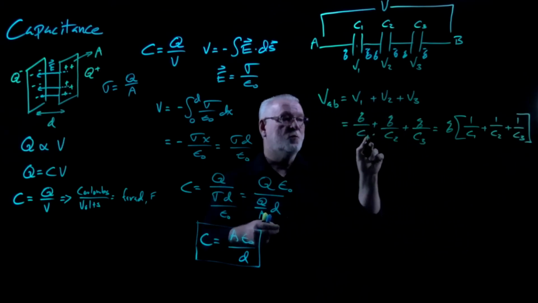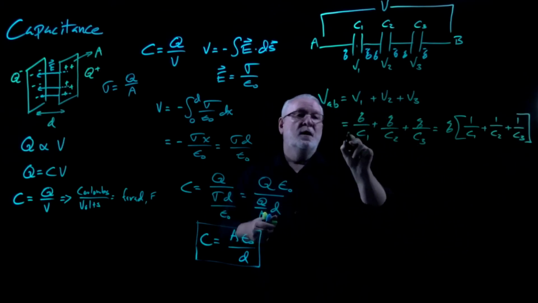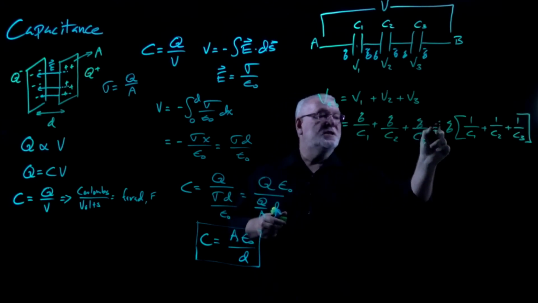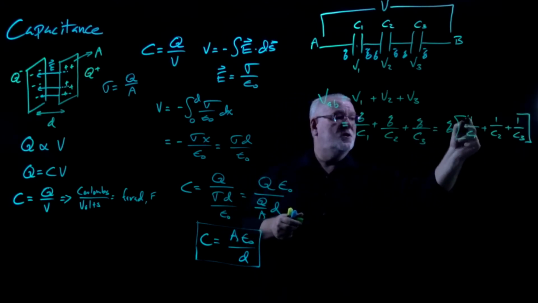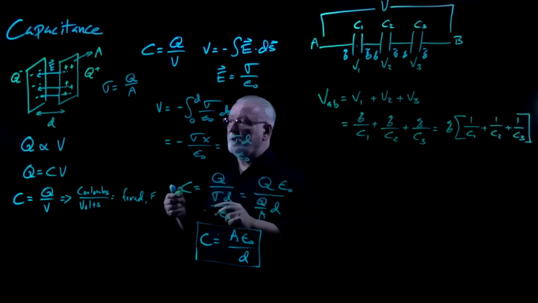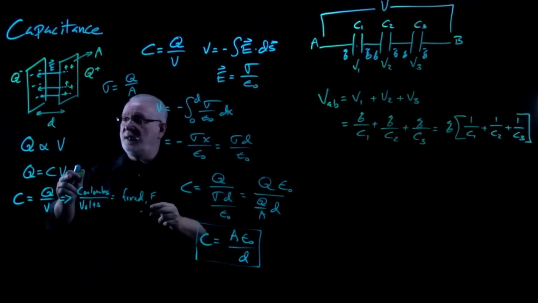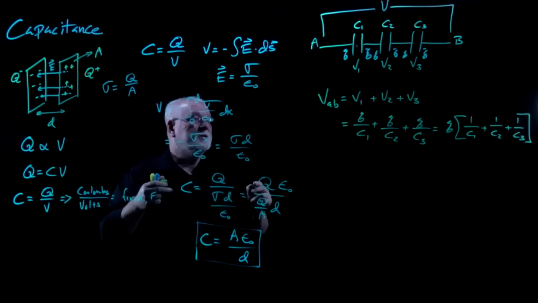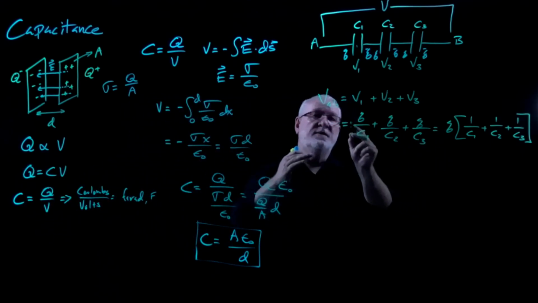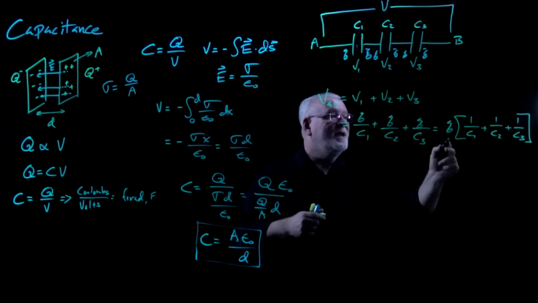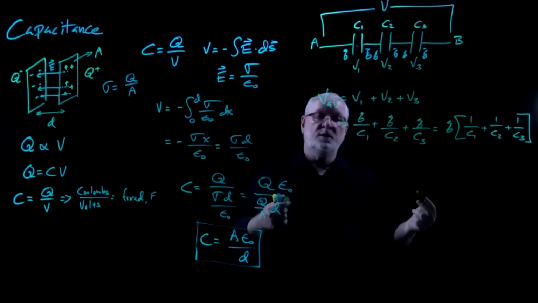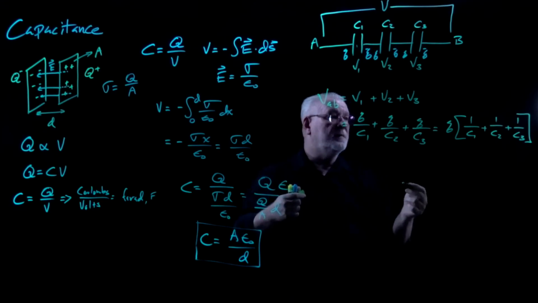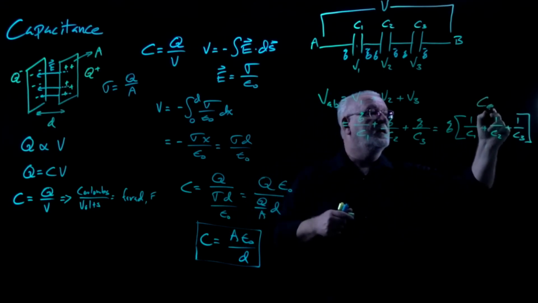If we take this one step further, VAB equals the charge times this whole thing. And if we look over here, again, VAB is equal to the charge divided by the capacitance, which means if this is the charge and this is the voltage across the whole thing, this must be what I was looking for, the equivalent capacitance, CEQ.